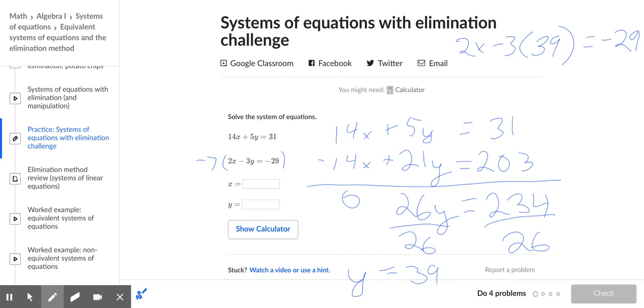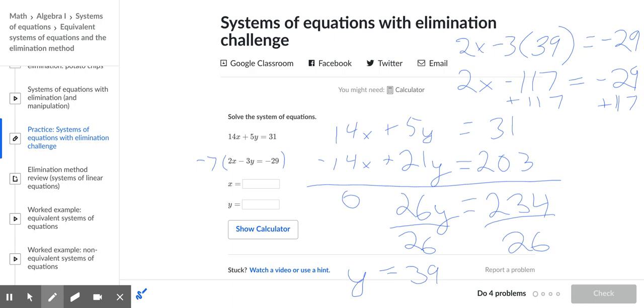Negative 3 times 39, not 29, 39. Sorry, there's a 29 in the problem, but not there. Negative 3 times 39 is negative 117. So I have 2x minus 117 equals negative 29. So I need to add 117 to both sides.